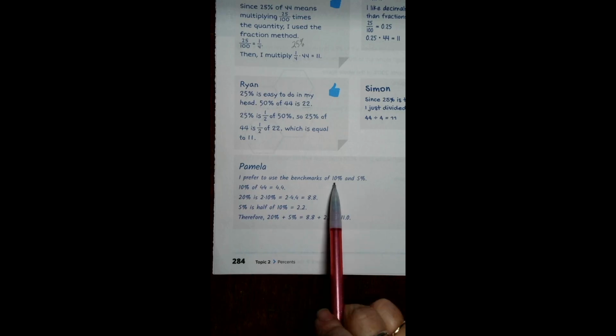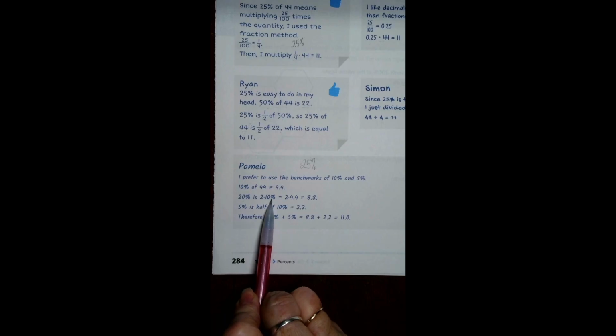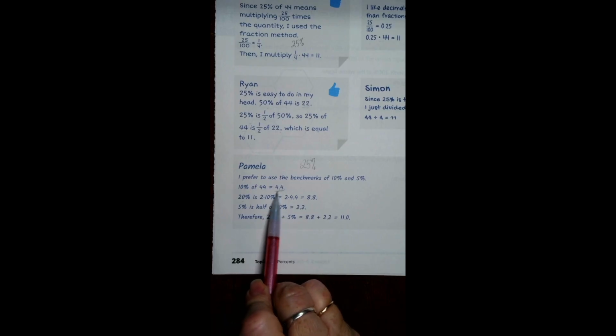And finally, Pamela said, I prefer to use the benchmarks of 10 and 5%. 10% of 44 is 4.4. So then she takes it a step further and says 20%, because remember we're aiming for 25%. 20% is 2 of the 10%. So that really says 2 times 4.4.